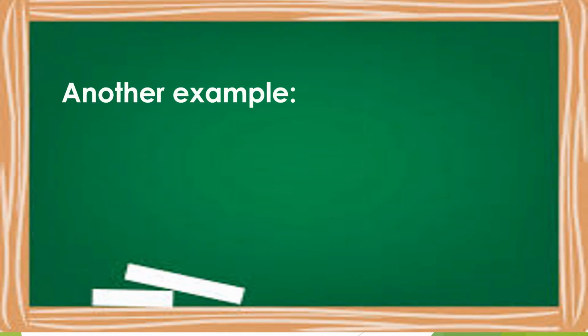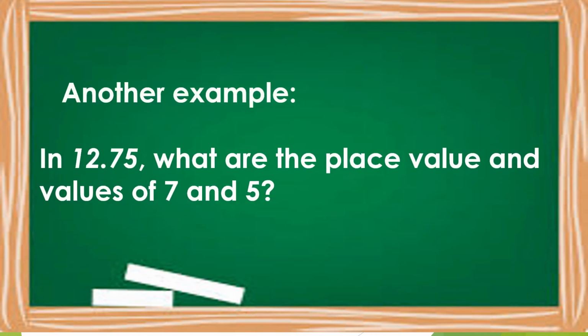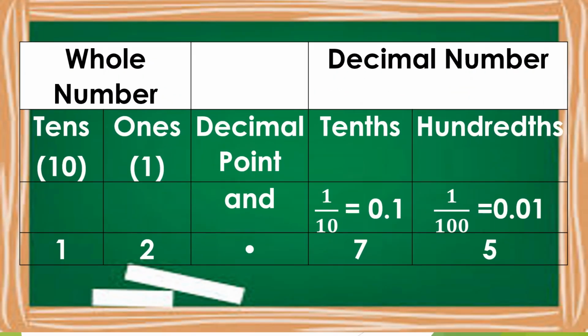Let us have another example. In 12 and 75 hundredths, what are the place value and values of 7 and 5? So let us have this table. So we have the number for the whole number and the decimal number. As you can see, we have here the place value chart.